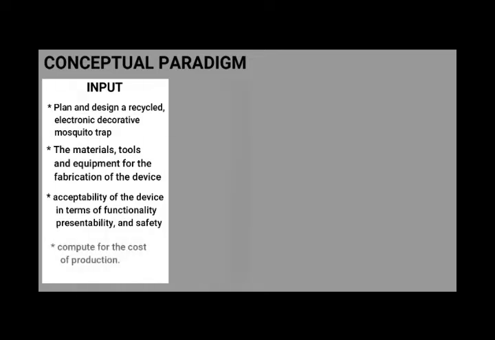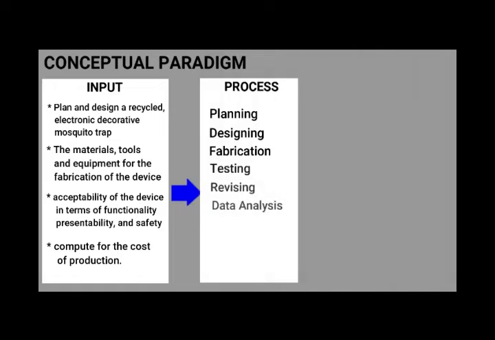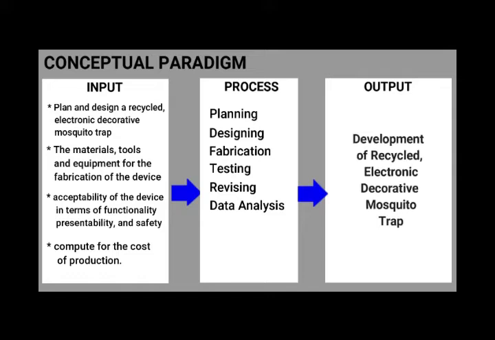And last is to compute for the cost of production. For the process, there are 6, which are planning, designing, fabrication, testing, revising, and data analysis. And for the output is what our study is all about, which is the development of recycled electronic decorative mosquito trap.